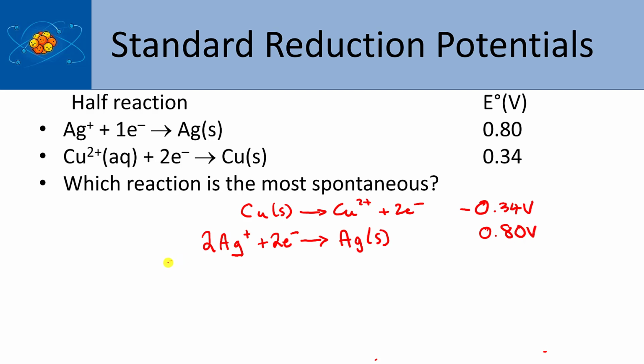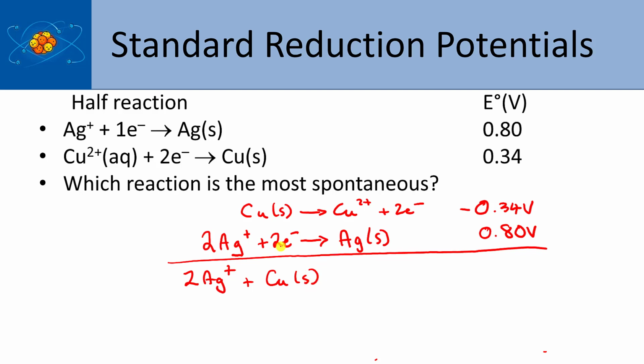So when I add these two together, for the spontaneous reaction, I'm going to get 2 silvers plus Cu solid. The 2 electrons cancel, and it goes to form Ag solid plus Ag solid plus Cu2+. Remember, that was the blue that we saw forming in the solution. Now, this part's the same as the free energy.